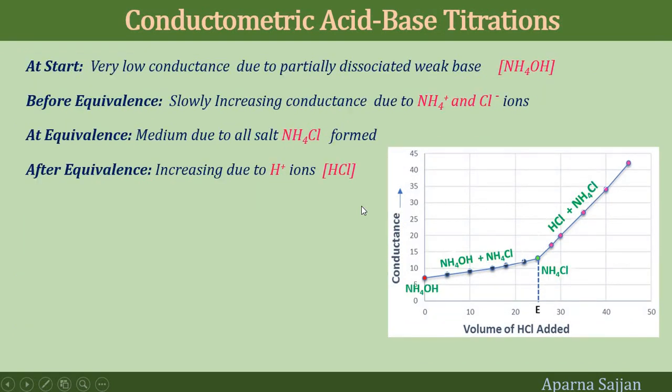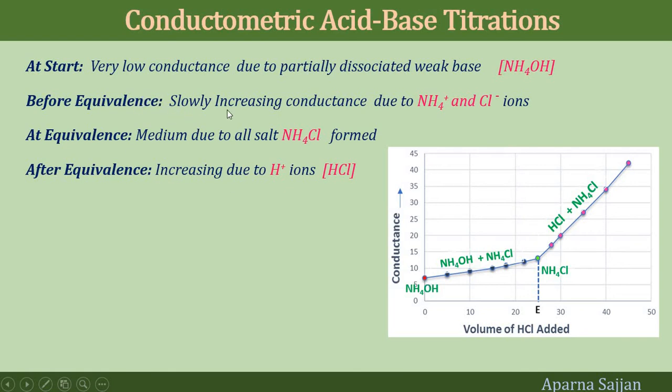Lastly, let us summarize what is happening here. What is the trend of the curve for the titration between hydrochloric acid and ammonium hydroxide? Very low conductance at start due to partially dissociated weak base ammonium hydroxide. We can see here this is the point where ammonium hydroxide conductance is very low.